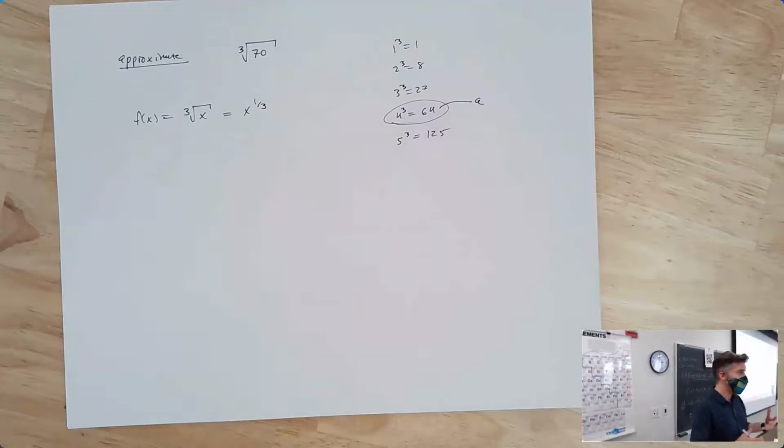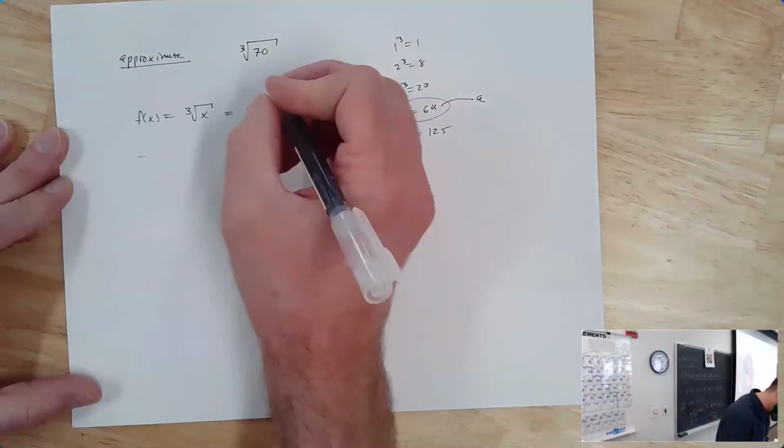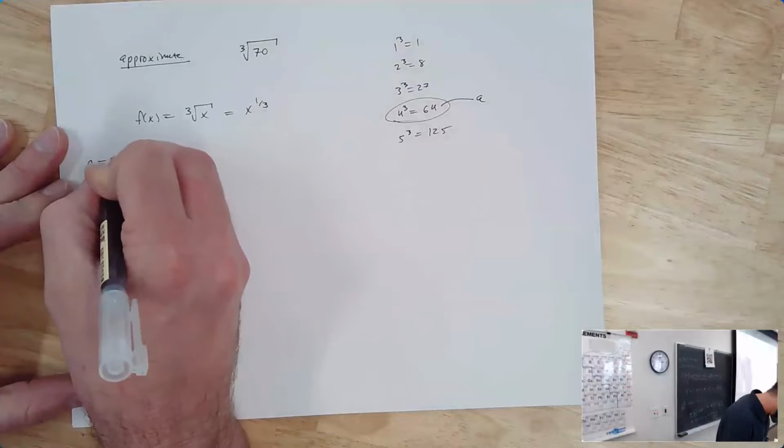So if it's something like a cube root or a square root or a fourth root, you just take subsequent third powers, or whatever your root is, until you find the one that's the closest to your value. And you usually want to go one below and one above and then see whichever one's the closer one. So in this case, my a value is going to be 64.